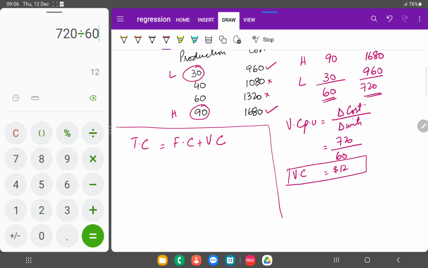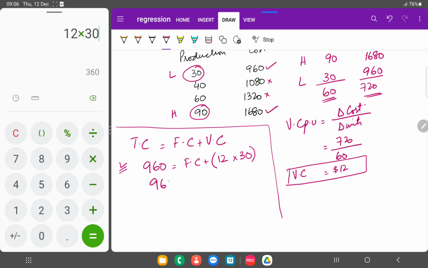So let's start with the lowest activity level. At the lowest activity level, total cost is 960. We don't know the fixed cost, which is what we want to calculate, and the variable cost per unit is $12. At the lowest activity level, the company produced 30 units, so the variable portion will be 12 times 30, that is 360.